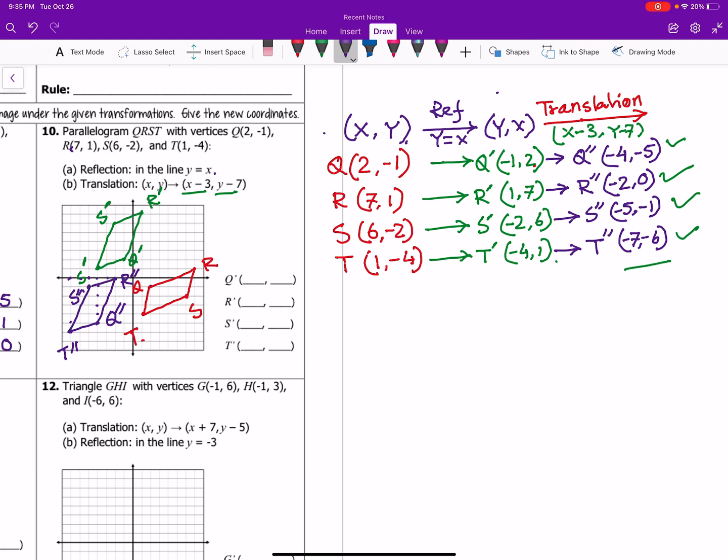Okay, so now let me write down that that is negative 4 and negative 5, and for R that is negative 2 and 0. So S prime is negative 5 and negative 1, and T prime is negative 7 and negative 6. Okay, so that's my final one.